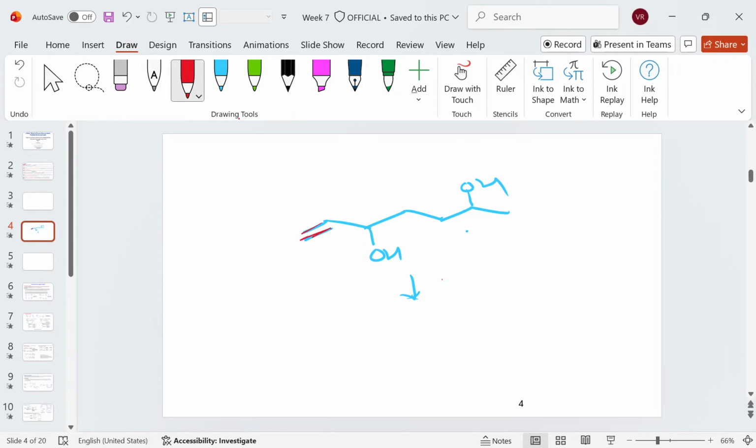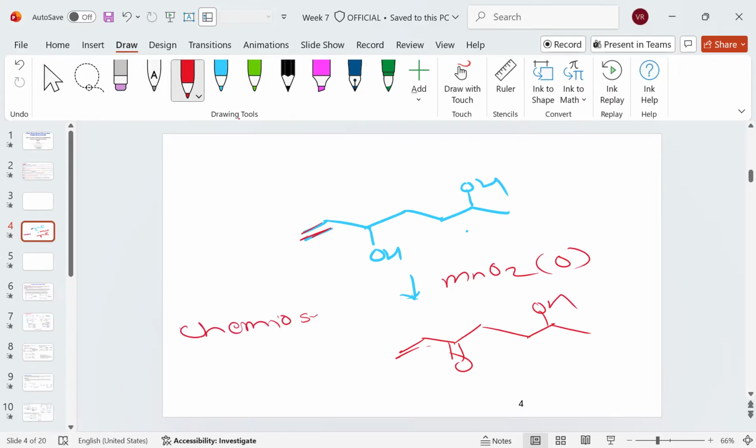Because of this, if you perform the reaction in the presence of MnO2, this alcohol is oxidized preferably, and this alcohol, which is the isolated one, doesn't show reactivity with MnO2. So this we call chemoselectivity.